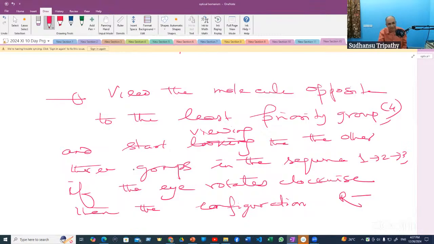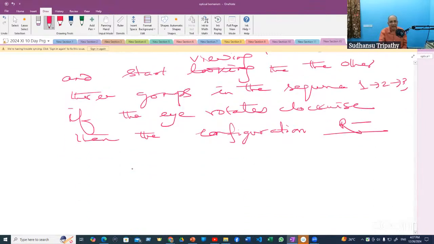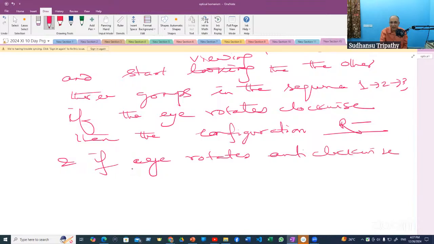So that configuration is called R configuration. And if the eye rotates anticlockwise, it is S. Sinister, it is left-handedness. Rotates anticlockwise or counterclockwise, it is S configuration.